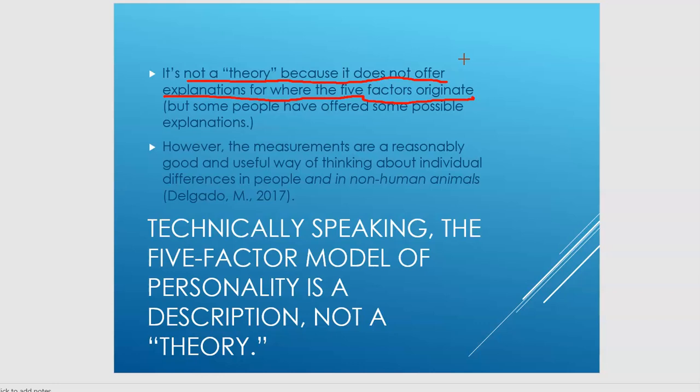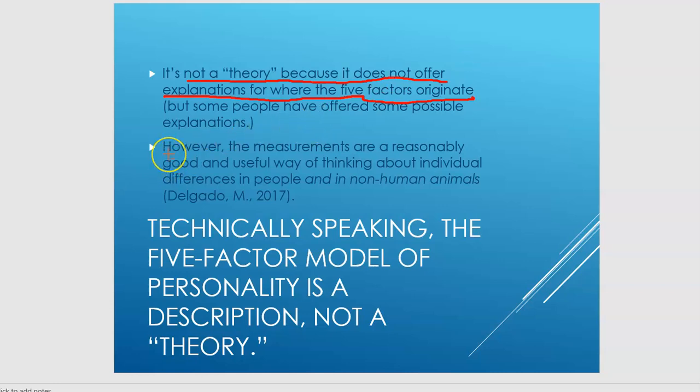Now, for some of the factors, a couple of them especially, I think we have some well-developed theories about where they come from, and we'll talk more about those in the next presentation.